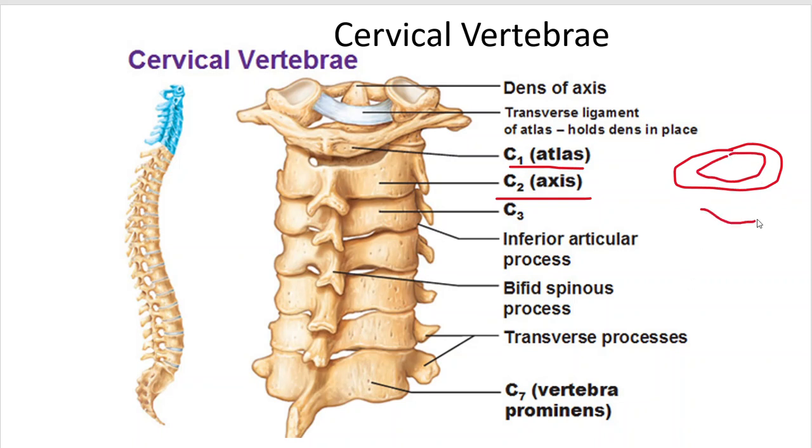C2 is a little bit more, but his claim to fame is that he's got this piece right here. It's called the dens. It sticks up. Why is he there? Because that's what this guy turns on. That's why you can shake your head no from side to side, because it pivots on this dens.